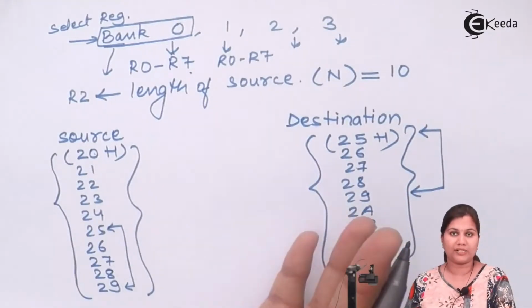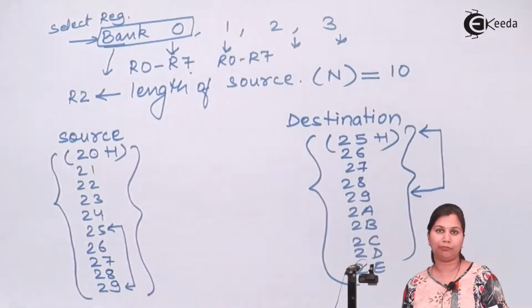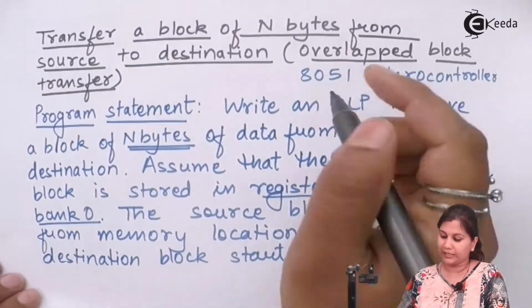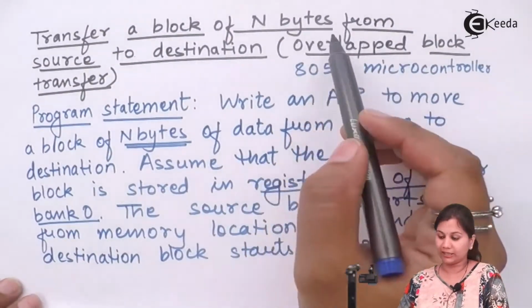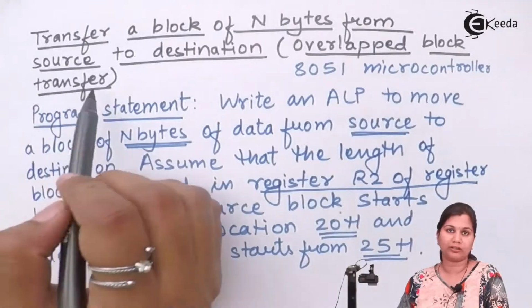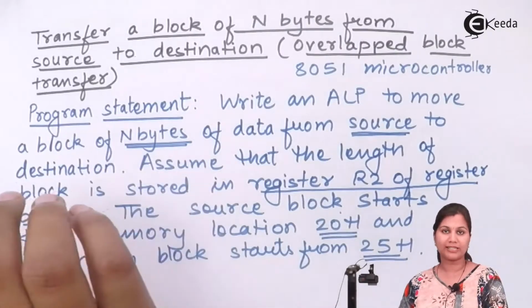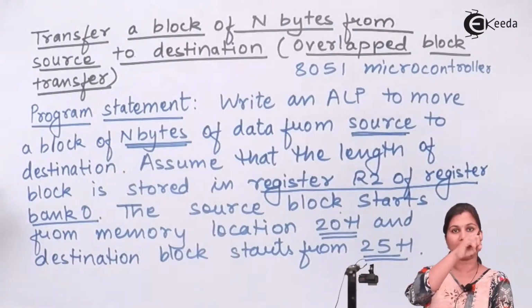So this block transfer is called the overlapped block transfer. That is why in the heading I have written that it is an overlapped block transfer. It is not just that the 10 memory locations are different.